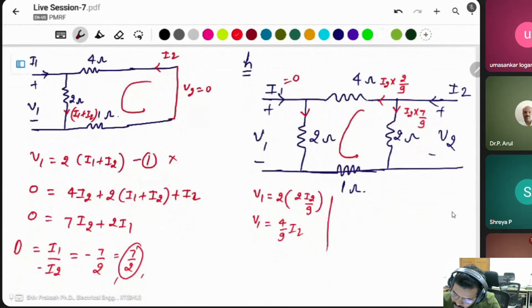And same for V2: the 2 ohm resistor and 7 I2 by 9 current. V2 is equal to 14 by 9 I2.